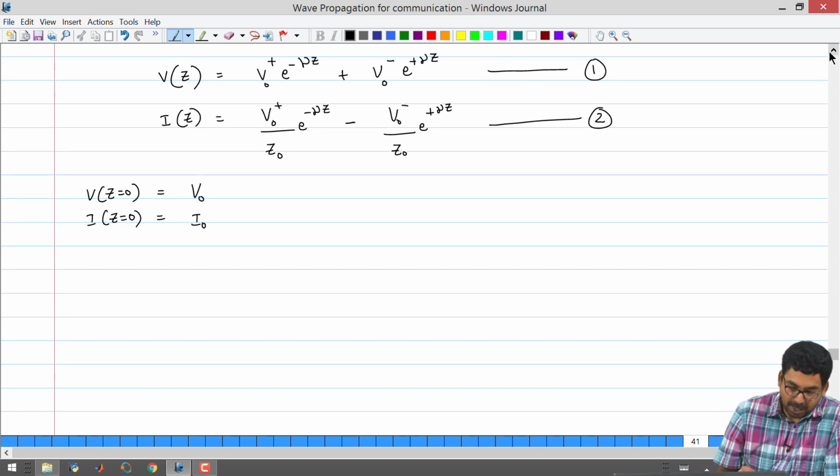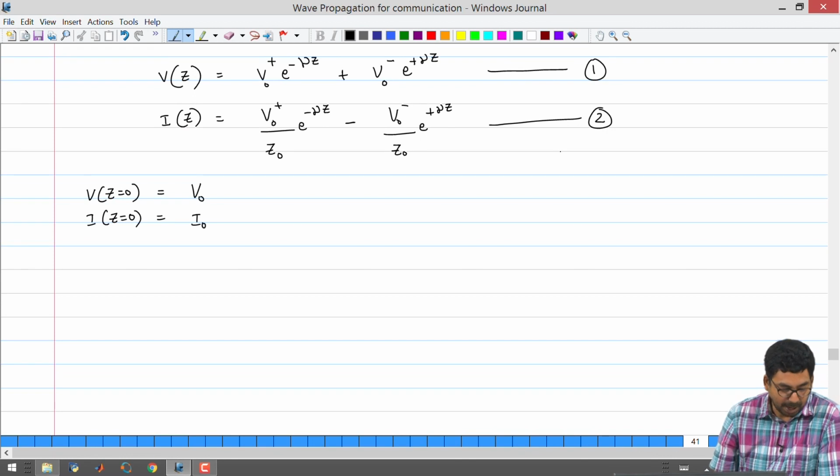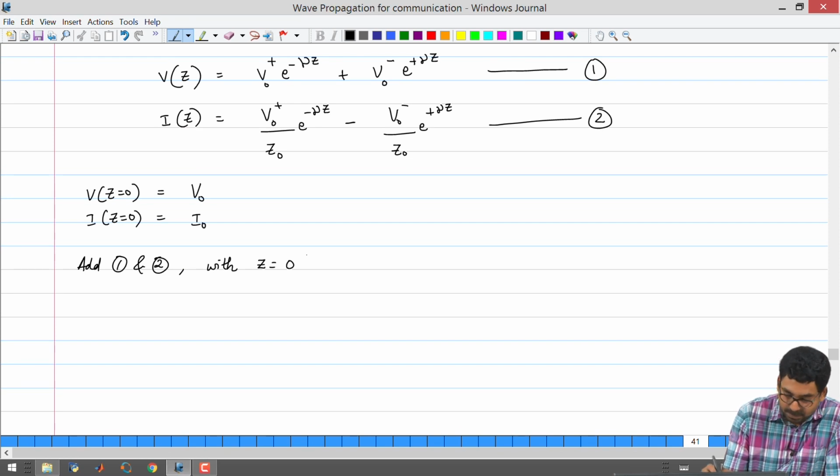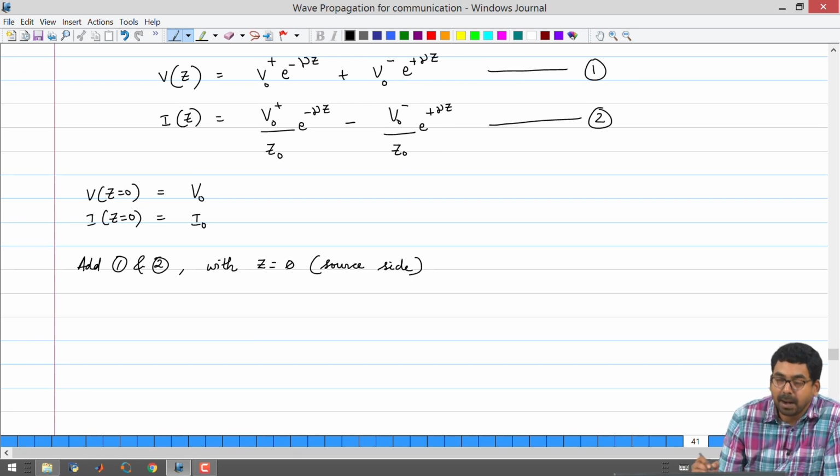Now, I will have the sum of equations 1 and 2, along with the condition that I am going to look at z equal to 0, which is the source side. So, I am going to add 1 and 2. People may be confused, why are we adding voltage and current?